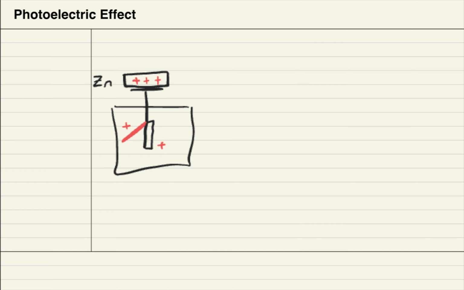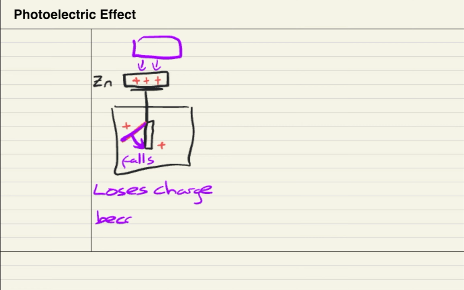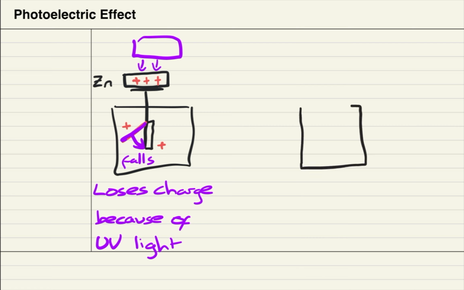The interesting bit is that if I bring a UV light over here, the gold leaf falls. Clearly it's losing its charge. The UV light has caused the gold leaf to lose its charge, which means that UV light is causing a current.